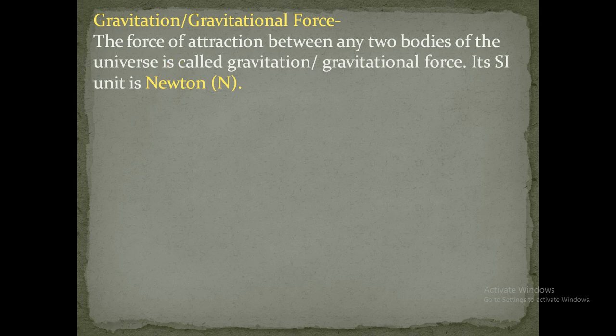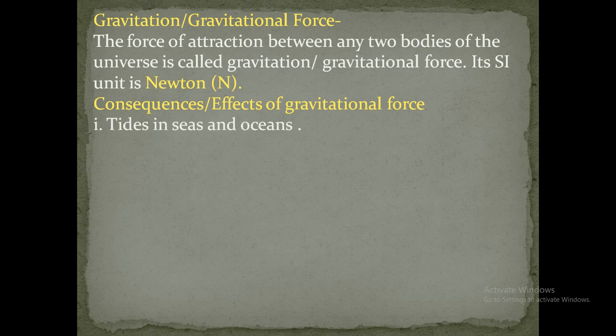Now, consequences or effects of gravitational force. Tides in seas and oceans occur due to the gravitational force between the earth and the moon, and due to the gravitational force between the sun and the earth.